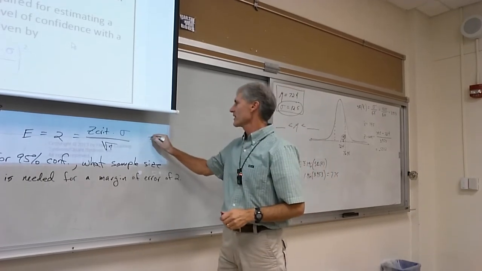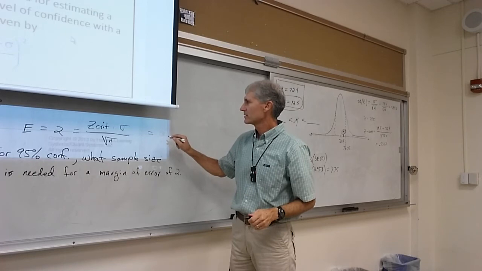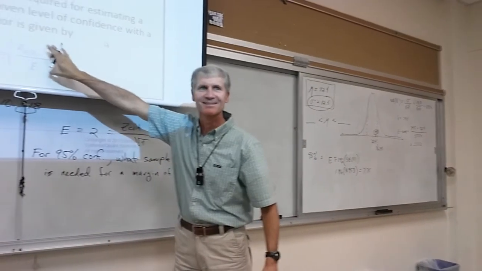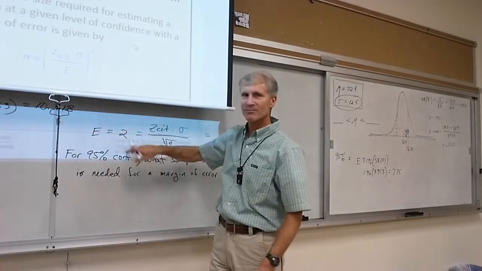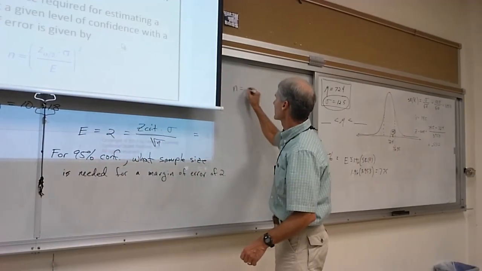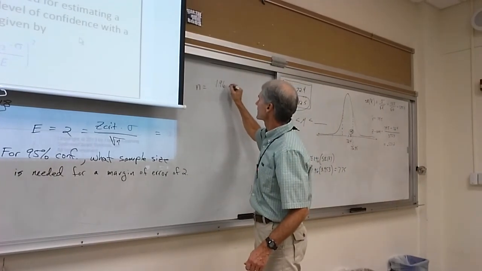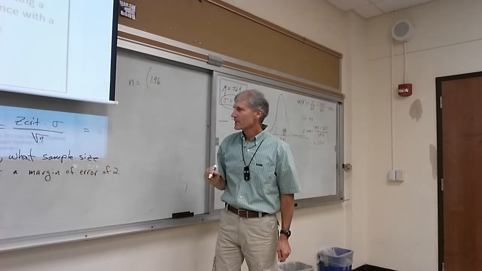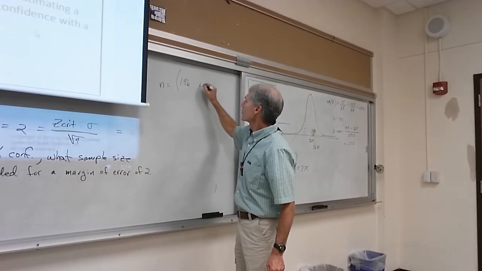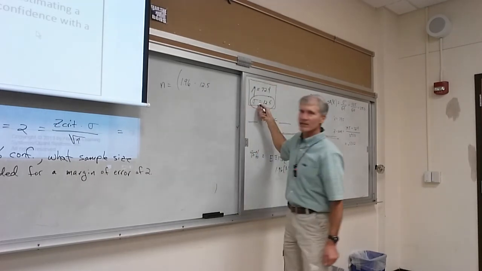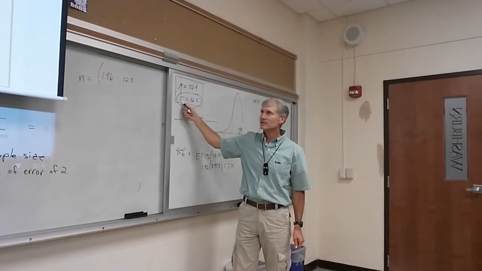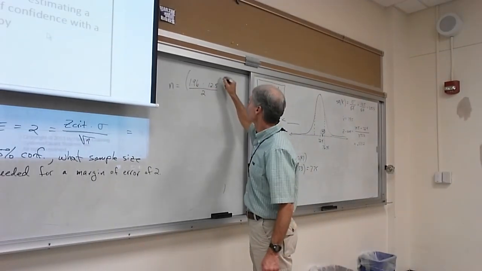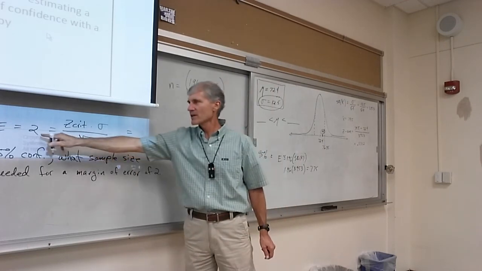So what is the Z critical value that I need? I said finish this out, but I meant finish this out, right? This form is this one manipulated. So N is equal to 1.96 for 95% confidence, times 12.5, that's my population standard deviation, divided by 2, the margin of error that we want.